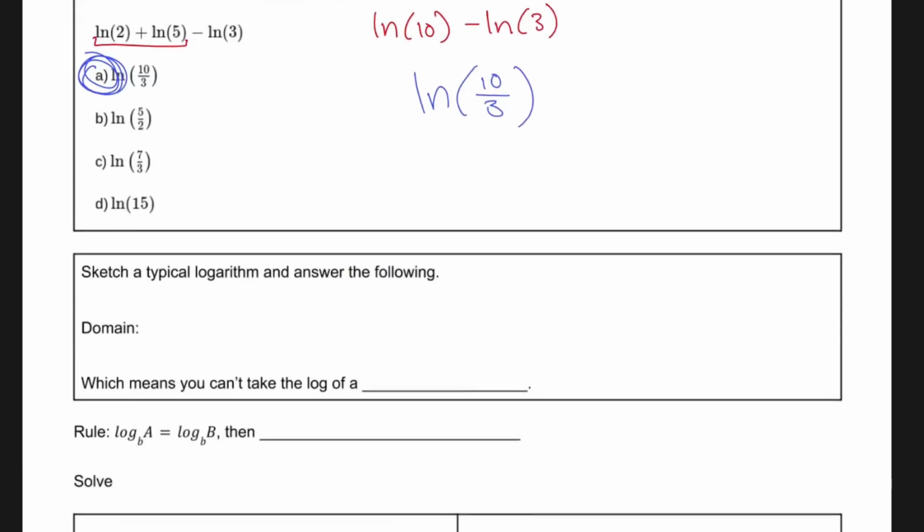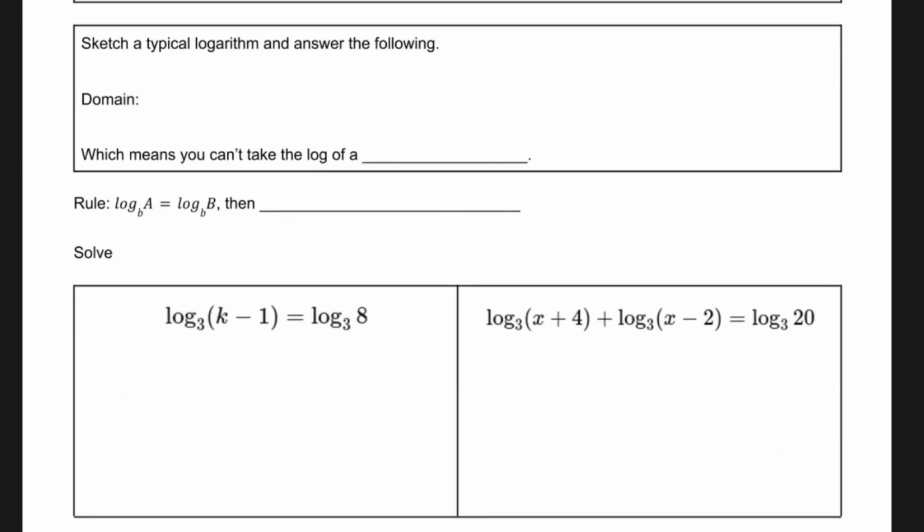Any of the A's. Sketch a typical logarithm and answer the following. All right, well, a typical logarithm looks a little something like this. You're going to hover to the right side of the y-axis, but you're never going to touch it. So the y-axis acts like a vertical asymptote, and then you curl up this way. So when we look at the domain, it is only positives.